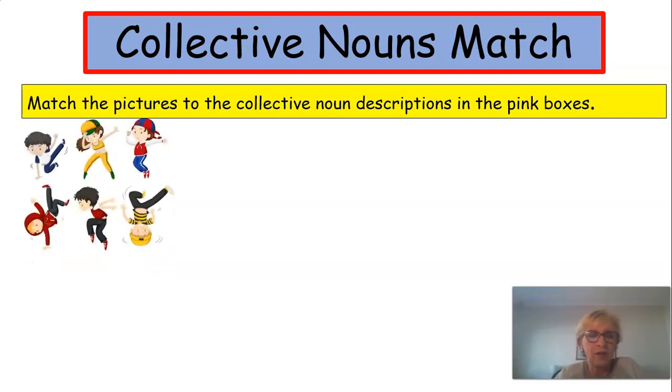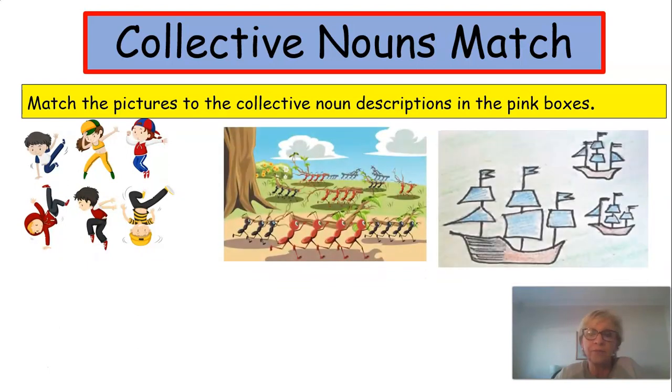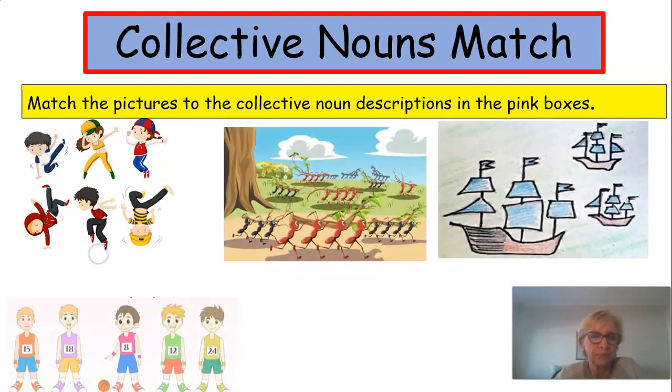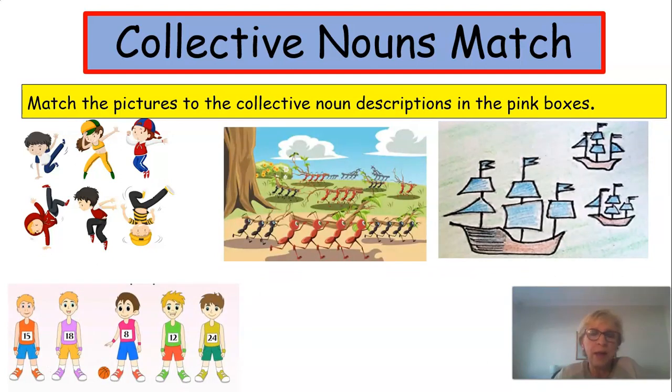So here goes. Here come some pictures of groups of people or things. And we're going to match the collective descriptive nouns to each picture. And here are the words. I just wanted to emphasize now, grade 3, that sometimes there is more than one collective noun for a group of certain things.